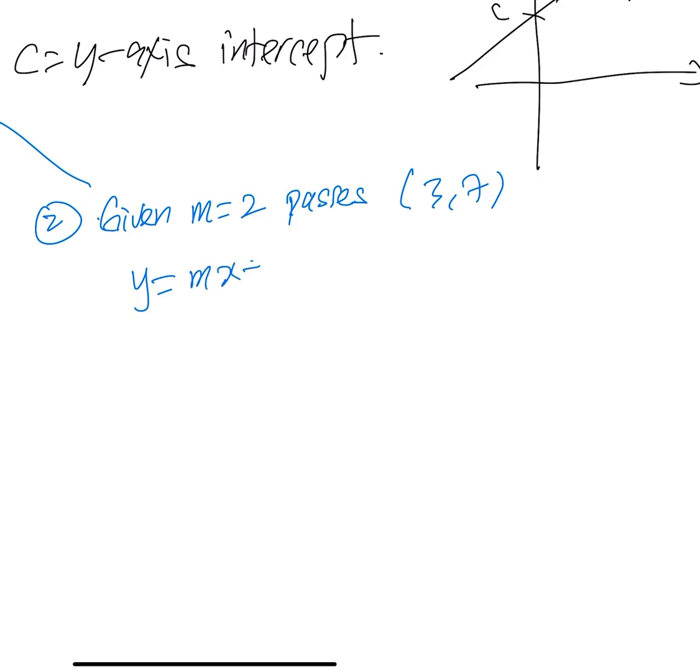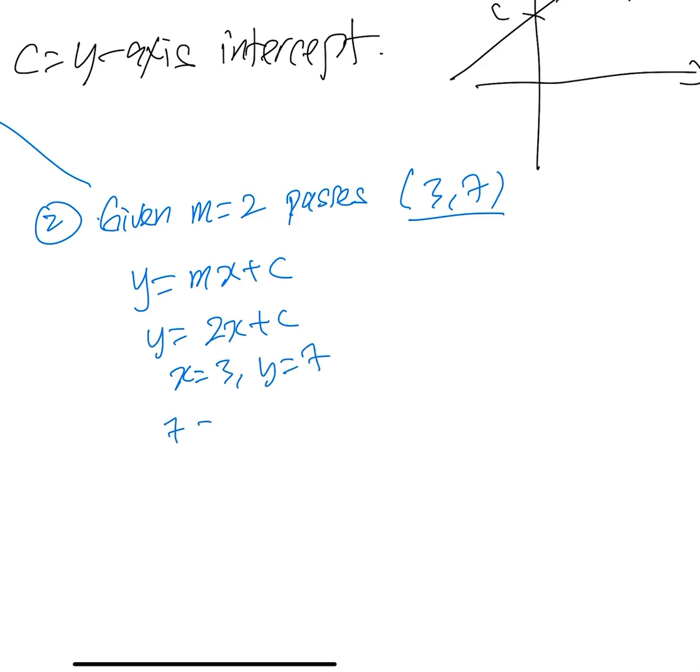The gradient-intercept form of a straight line graph is y equals mx plus c. So I put in the gradient, which is 2. We know that c is a constant, x and y are variables. It depends on the point that we have. We know that it passes through (3, 7), which means that when x is 3, y must be 7.